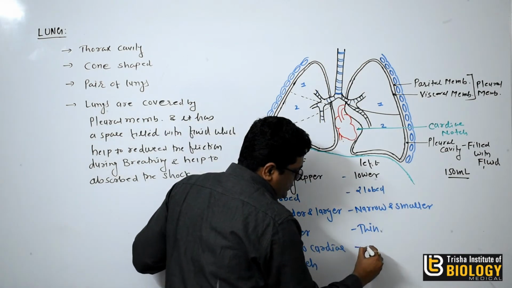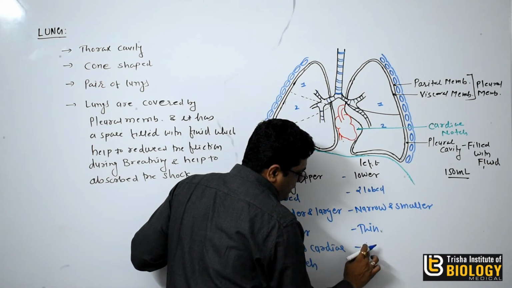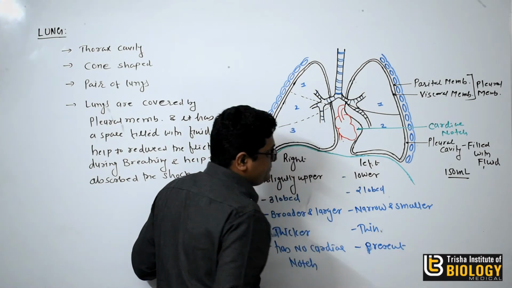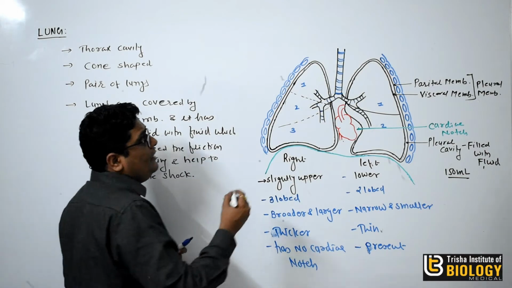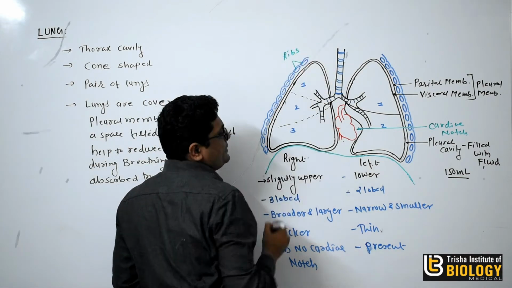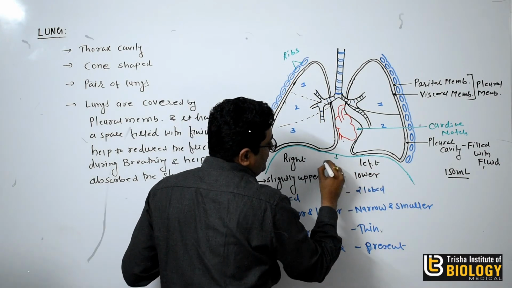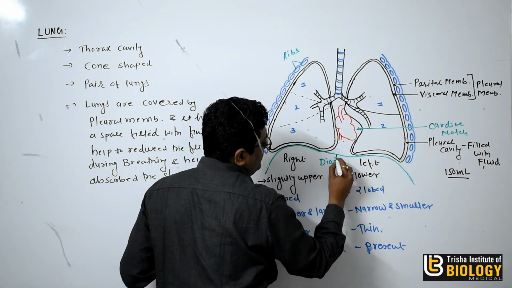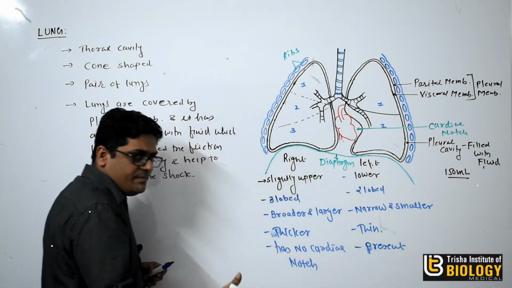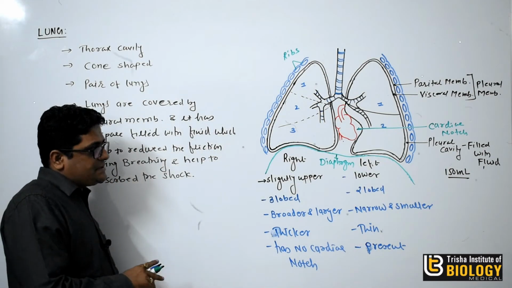So the cardiac notch is present only in the left lung. Here it is present. This part is known as the ribs, and this is called the diaphragm. The diaphragm is dome shaped, which will be discussed in the respiratory muscles.